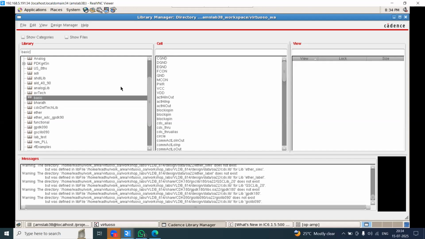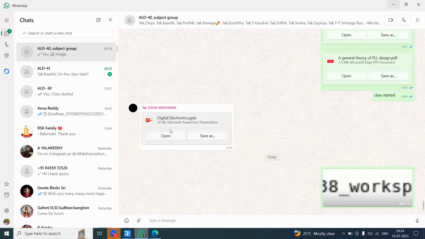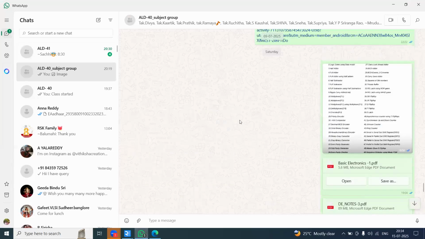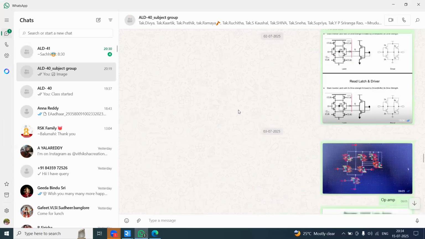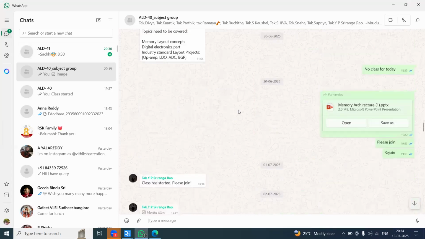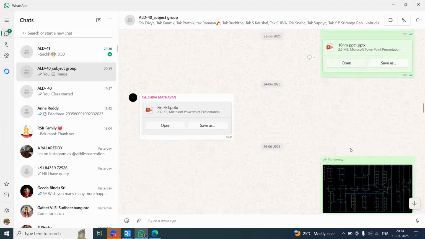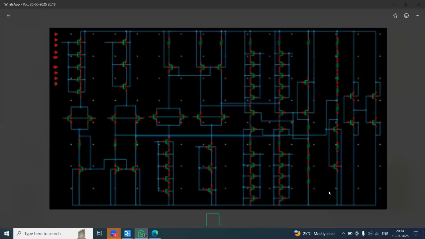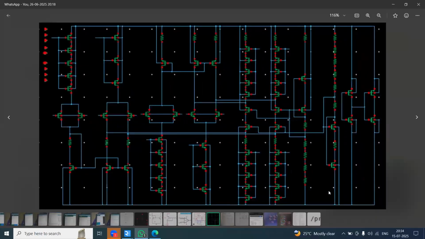And we need to go with the comparator block. I have shared the pic previously. Yeah, this is a comparator block. We will explain this one with time.